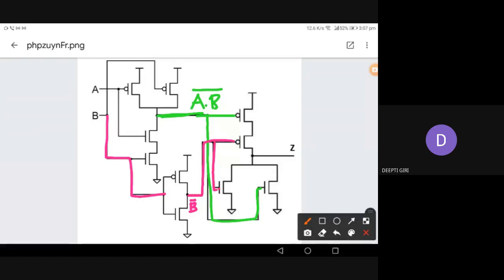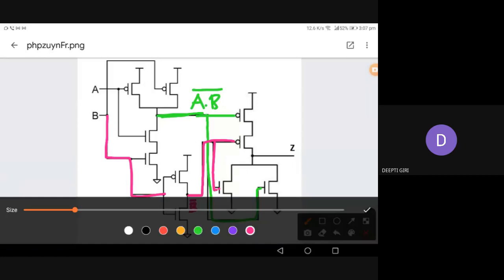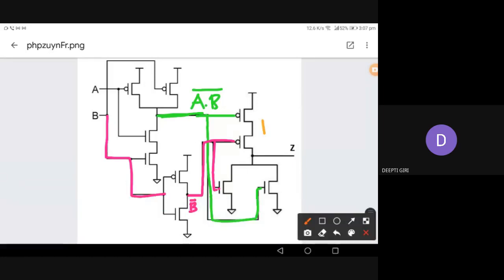Clear? Now what is this gate actually? This gate is nothing but a NOR gate. So the NOR gate has one input (A dot B) whole bar, and another input B bar. So this is something which we need to work on.